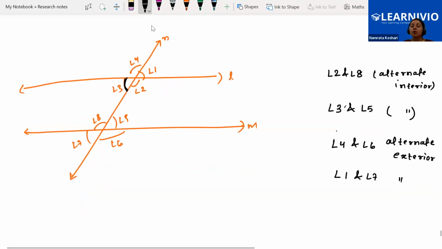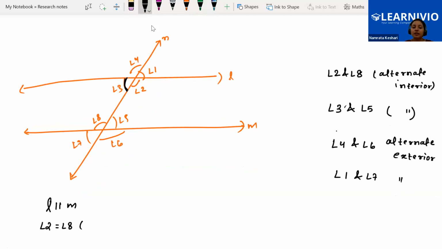Okay. Now again, I would repeat the same. If L is parallel to M, then this alternate interior angle will be same. So angle 2 has to be same with angle 8.